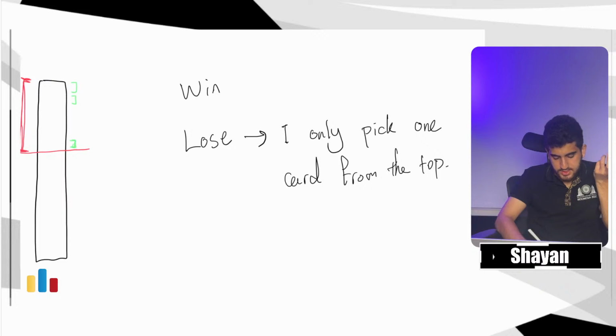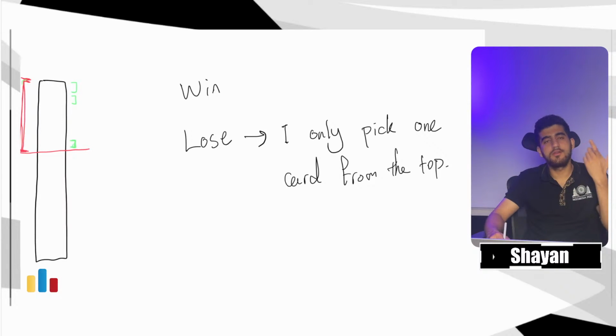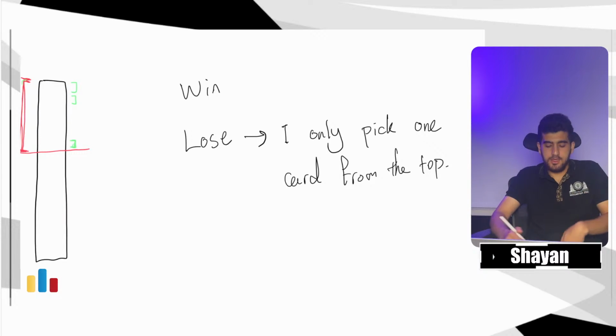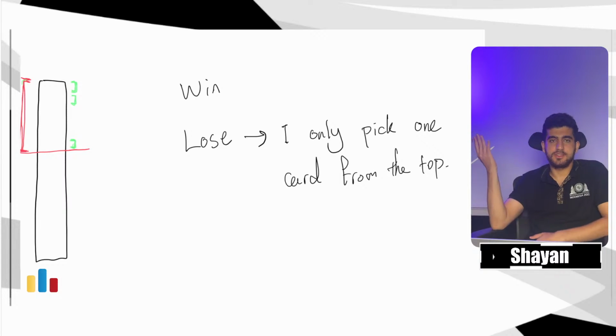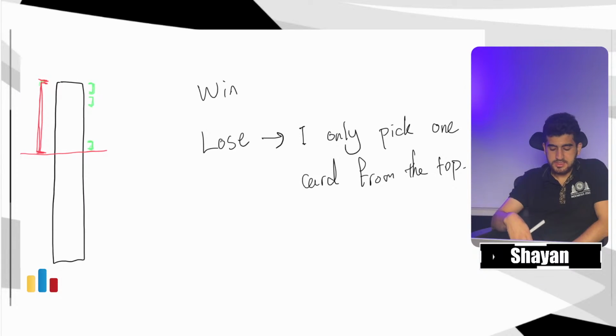The worst that could happen is to lose all of them, which is not worse. In this way, I have won nothing. I have removed all these cards without winning anything. If I just remove them one by one, in the worst case scenario, I again win nothing. So nothing gets worsened. It's going to be at least as good as what it was.